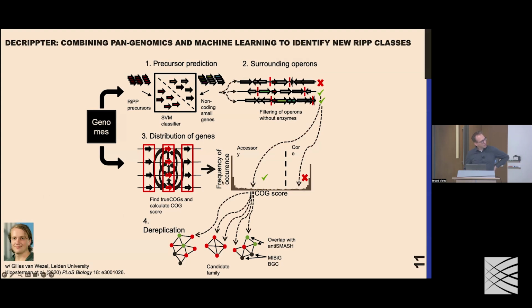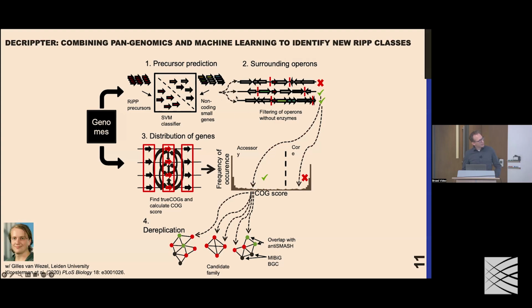We can measure that with an orthology conservation score: if they're part of the core of a pangenome of a species or genus, they're much less likely to be RiPPs, because these are often specialized functions that are strain or species specific. If they're part of the accessory genome, they're much more likely to be RiPPs.